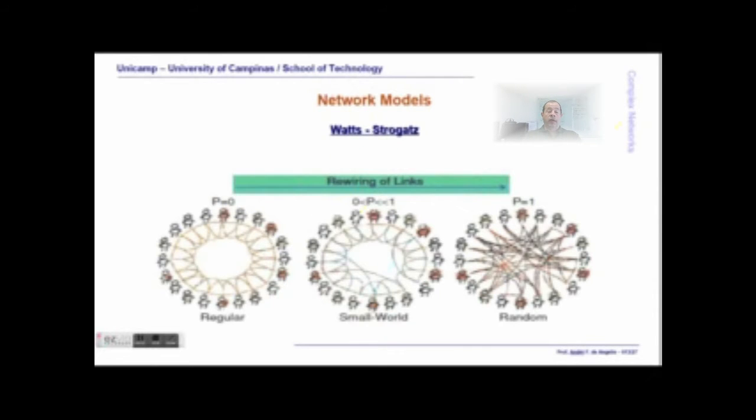The Static Dynamic Models model is very interesting because it brought to discussion the small world effect. Remember, it is a static model. When you stop the evolution, you get your network.